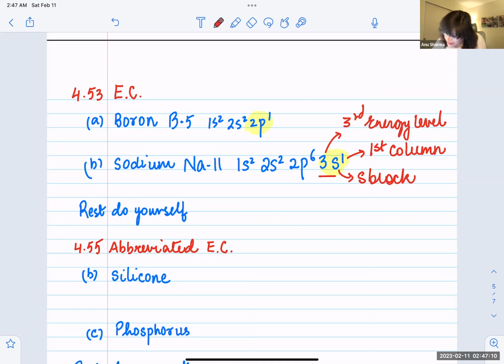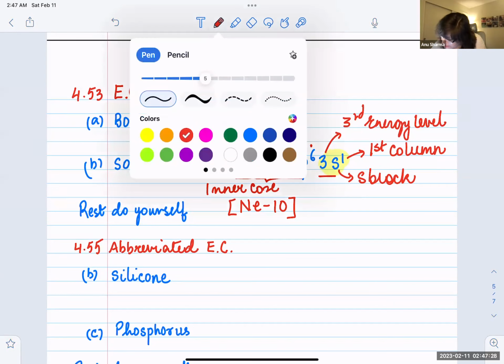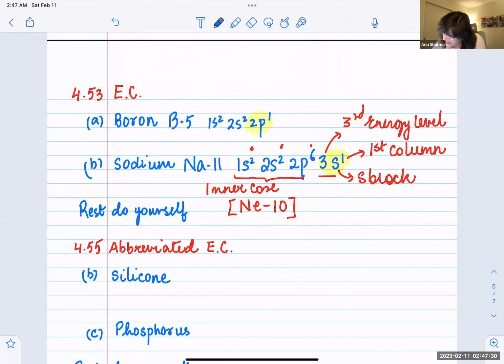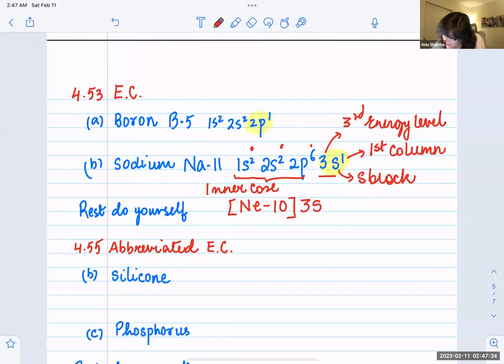Okay, so the inner core looks like neon, the noble gas, and neon has 10. So 6 plus 2 plus 2 is 10. Okay, and then this becomes 3s1. And that is sodium, Na.